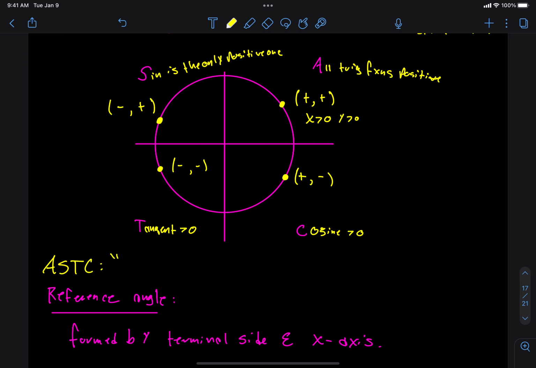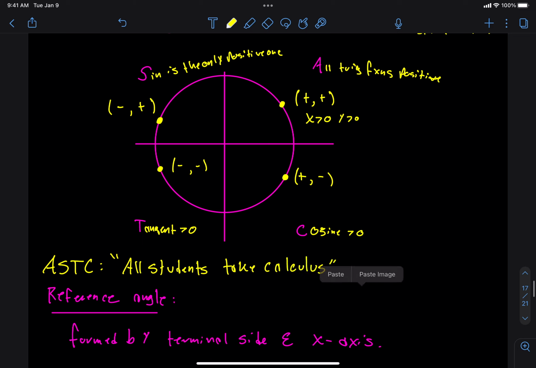The way to remember it is all students take calculus. That's right. I don't appreciate that voice you did for me, though. All right, all students take calculus. So that's the mnemonic device to remember where the trig functions are going to be positive or not positive.